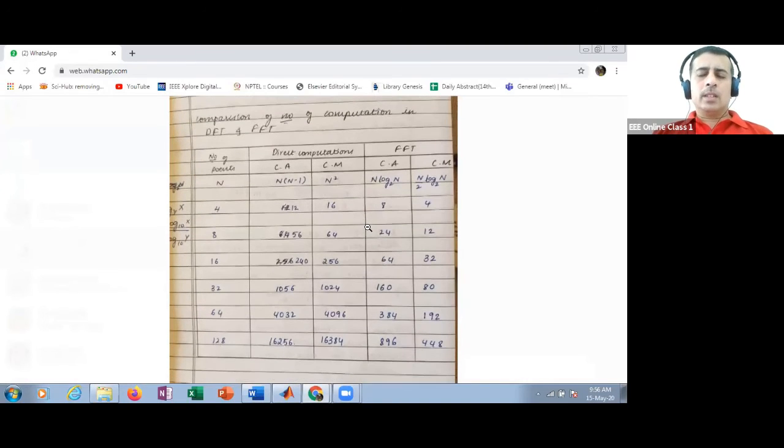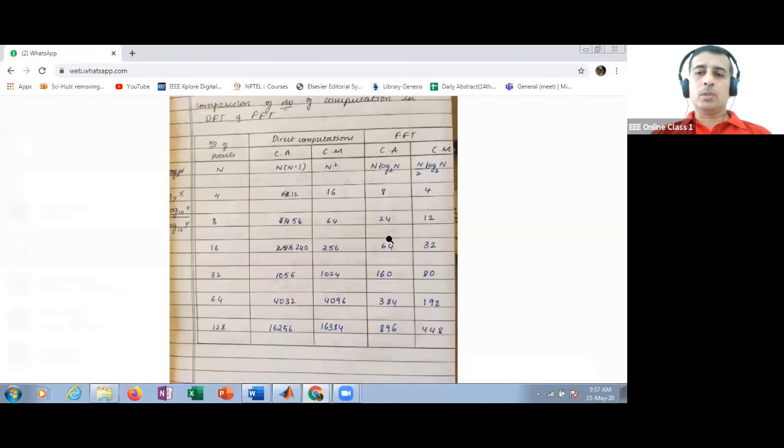Coming to higher values of n, you can see when n is 32 or 64. If I take the example of n equal to 64, the number of complex additions was 4032 and the complex multiplications were 4096.